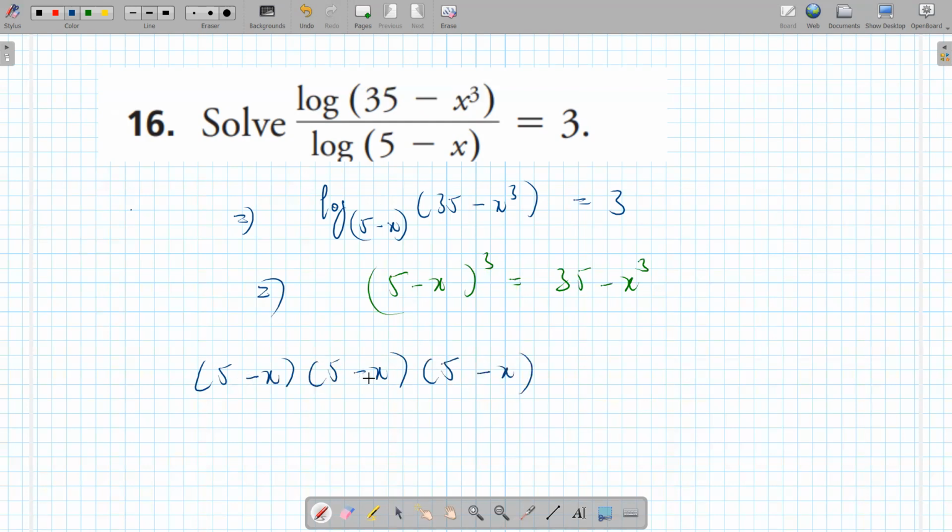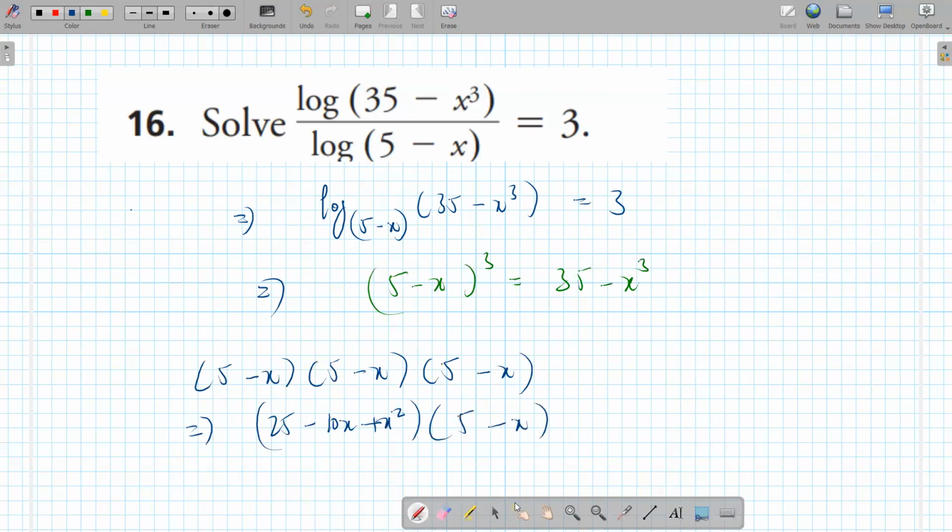(5 minus x) cubed is just (5 minus x) multiplied by itself 3 times. So here this one is going to become 25 minus 10x plus x squared for the first two. And then it's going to become, I'm just opening this up, saving some time, minus 25x minus 50x plus 10x squared plus 5x squared minus x cubed.